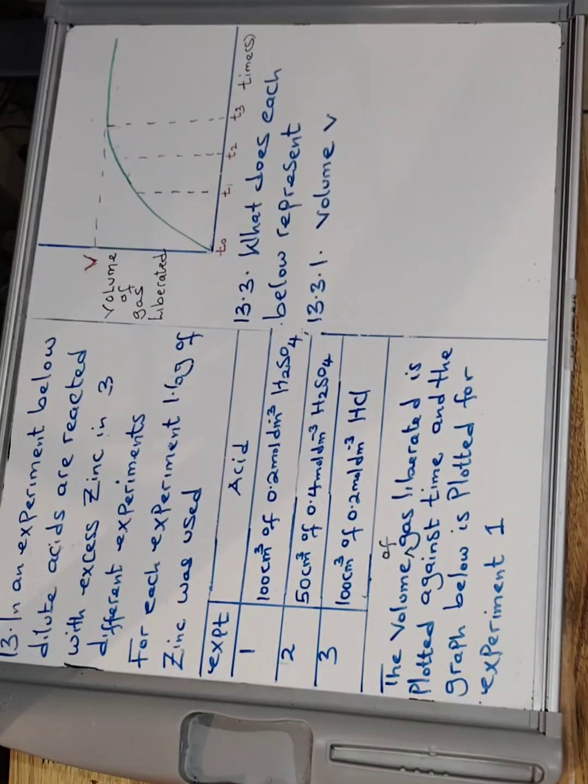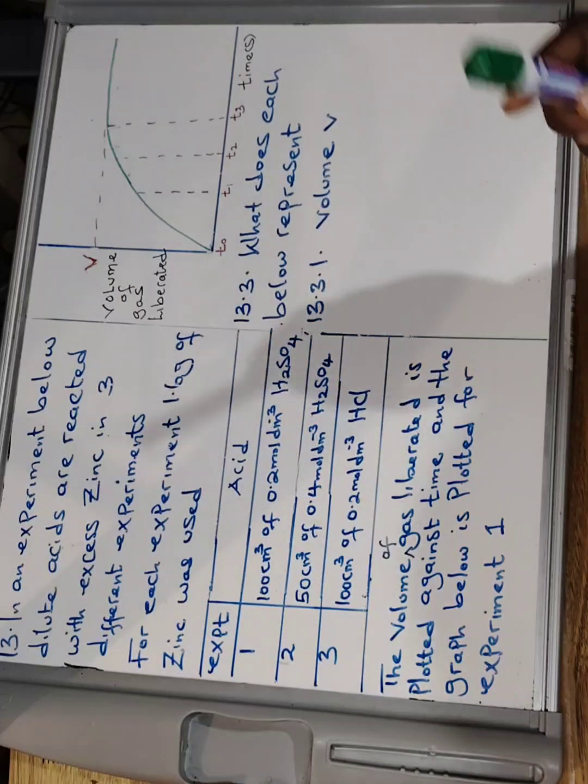And what does that volume represent? It represents the volume of gas liberated during the experiment. Or it's also acceptable to say it represents the total volume of gas liberated during the experiment.